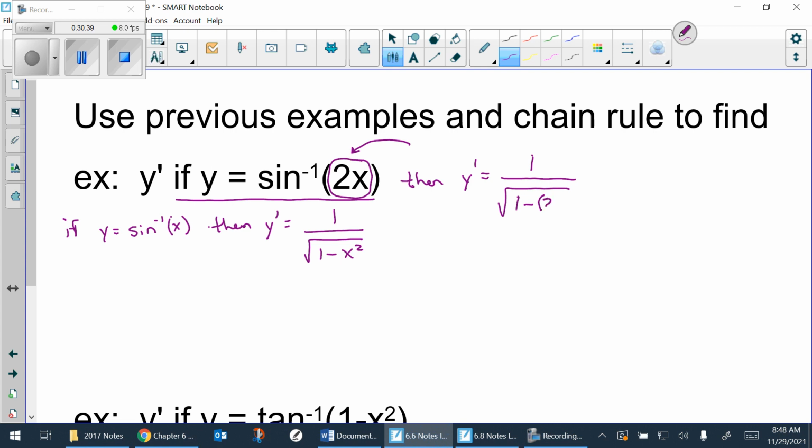It's going to be that 2x that has to be squared. And it says to use the chain rule. And the chain rule says, if you see parentheses like we did right here, don't forget at the end to multiply by the derivative of what's inside. And what's the derivative of what's inside?